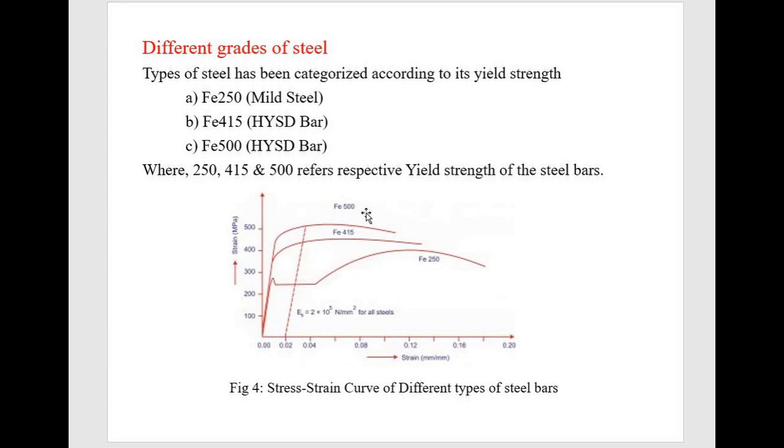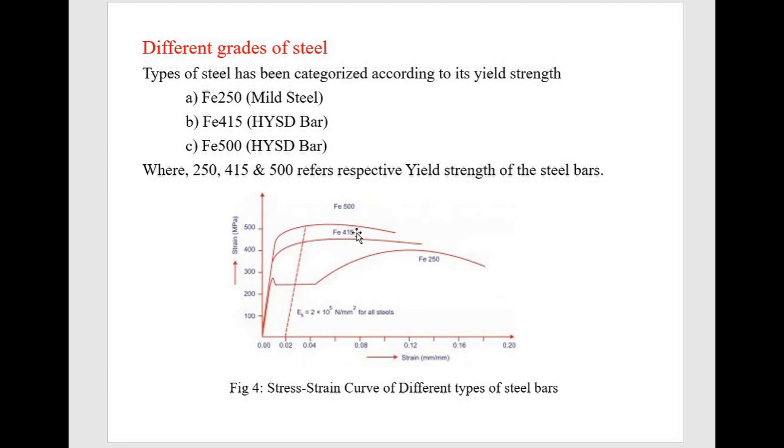When we come to these two graphs, for Fe 415 the yielding point starts around 415, so that is why the grade name is given as Fe 415. Similarly for Fe 500. When we compare all these three steel bars, we can see there is a gradual increase in the yield strength of the steel.